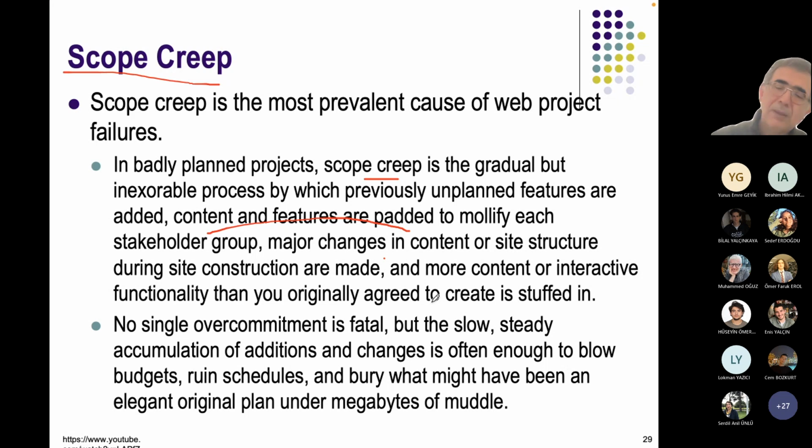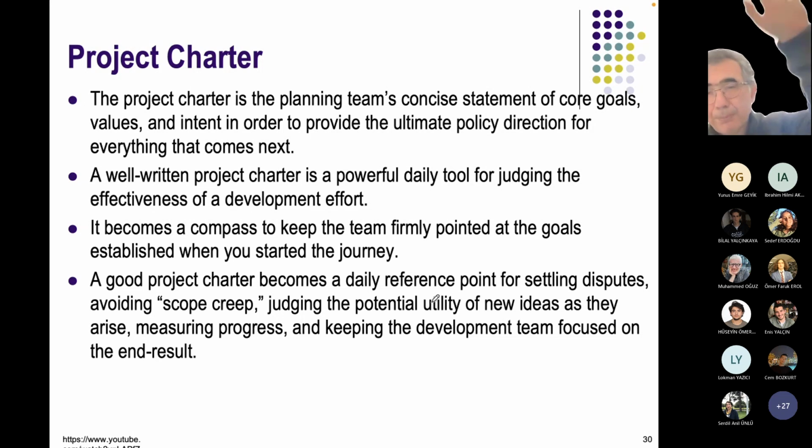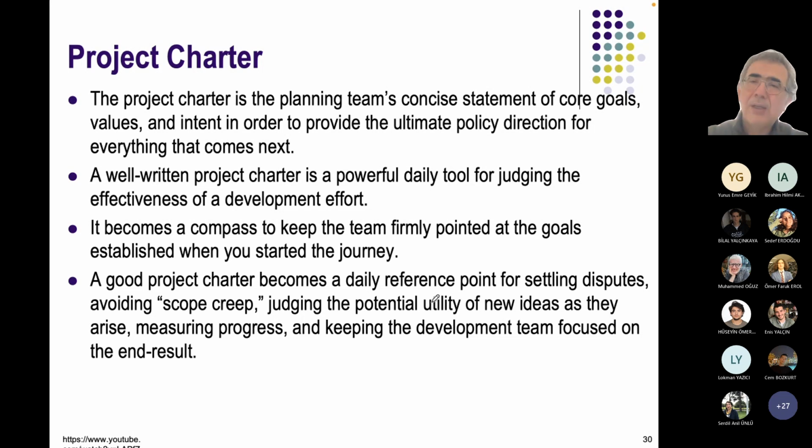How do we prevent it? By a project charter. The project charter is the planning team's statement of the core goals and values: why do we do it, how do we do it, what are we going to do. You print it on one page and put it on the wall in the project office, so that everybody agrees on the project charter.